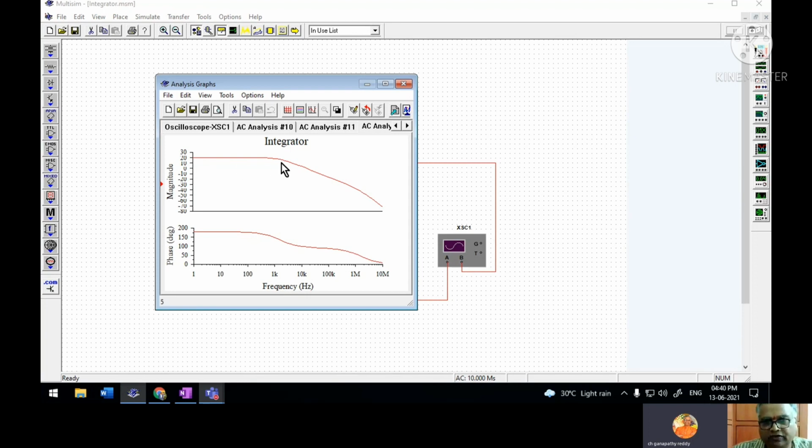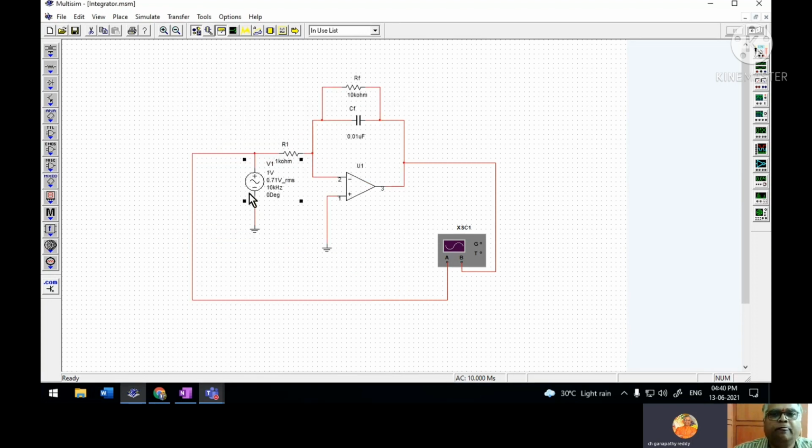Low frequencies it will pass, high frequencies will be attenuated. Any integrator, if you give a square wave, the output will be a triangular wave. So we can also try that.